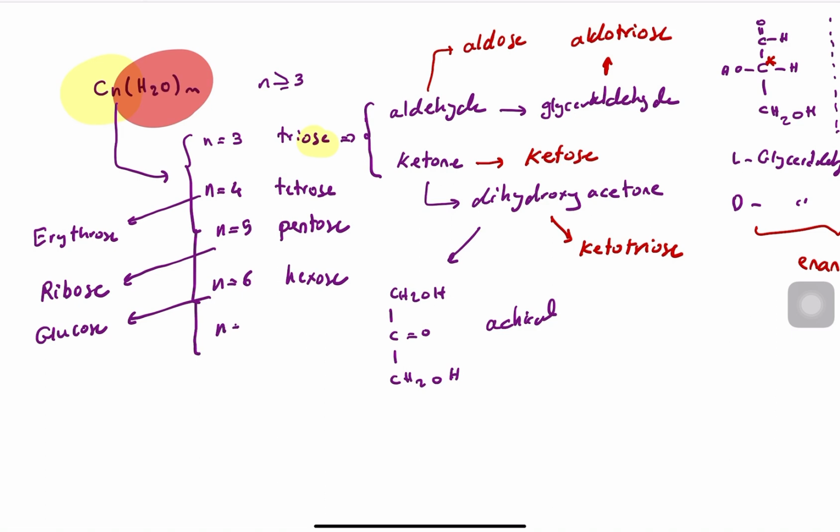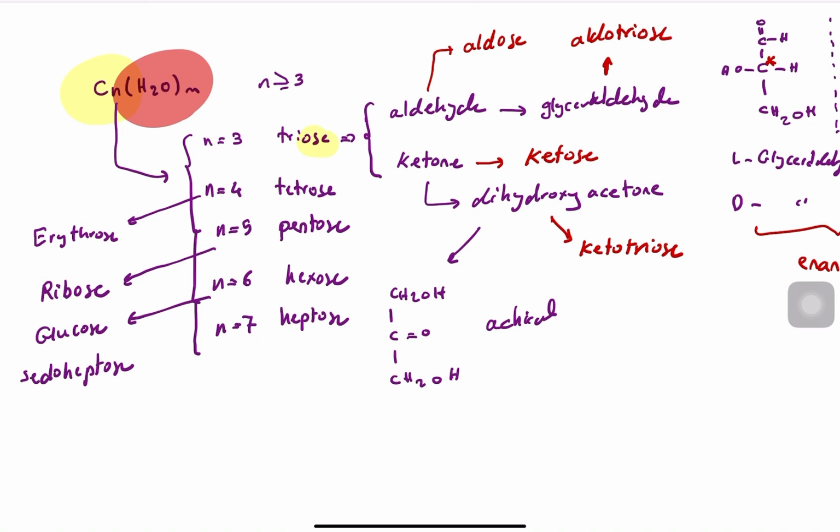And also we have 7 carbons in biochemistry. It is a heptose. For example, we can say pseudoheptose. You will see it in the shunt.